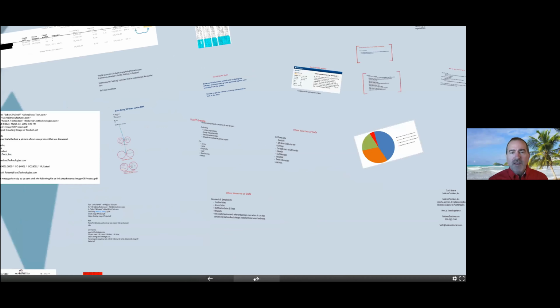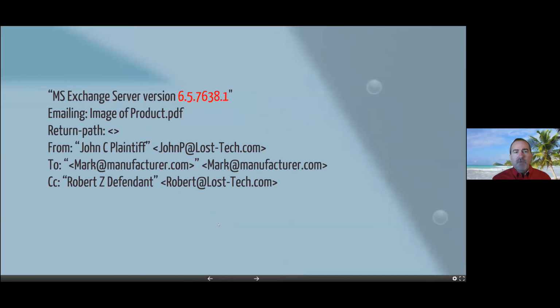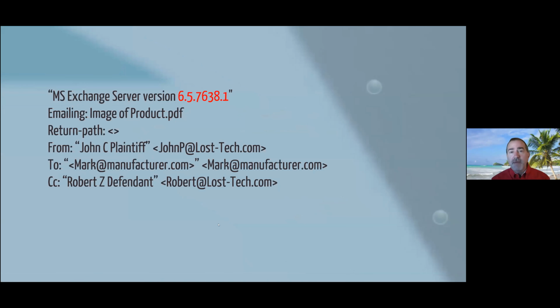So we continued to dig deeper, and we noticed that another piece of embedded data in this particular email showed that it was sent by Microsoft Exchange Server 6.5. We said, well, that's pretty interesting. And then the return path turns out to be blank.